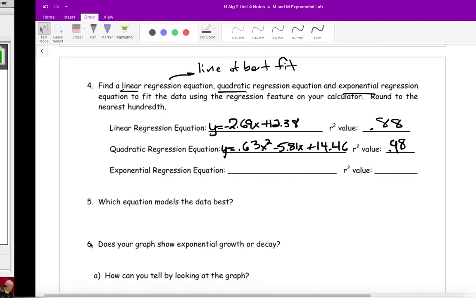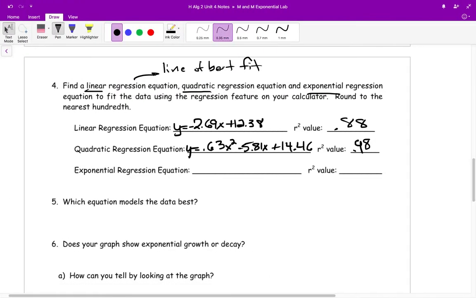So my exponential equation, and yours might be a little bit different, a little bit the same, is y equals 15.52 multiplied by, and because we're multiplying, I'm going to put this in parentheses, especially with decimals, 0.56 to the power of x. And my r squared value for this one was 0.96.